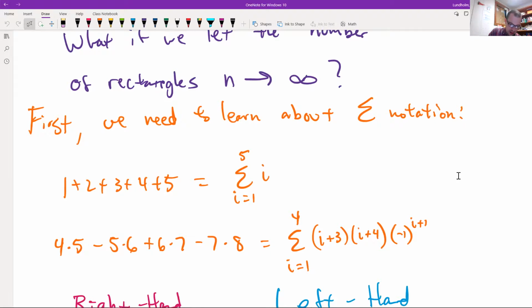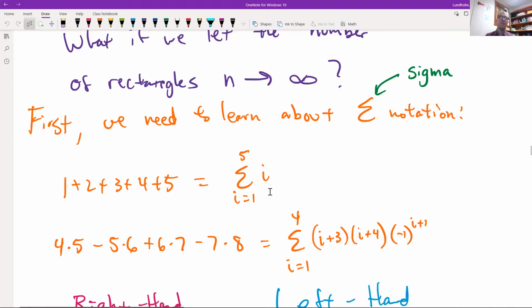So like I said, this letter is sigma, and that stands for sum because sum starts with an S. And what the sigma notation does is allows us to concisely express a sum of a lot of things.